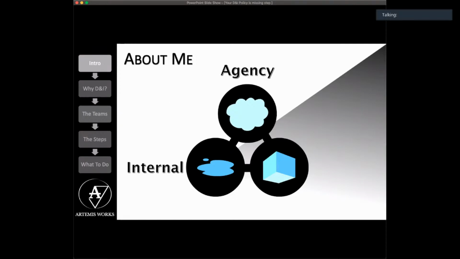I did that for around 18 months, and then I started around 18 months ago into the consulting world. You'll see, and probably be confused by, the Artemis Works logo there. That's my business, self-employed.